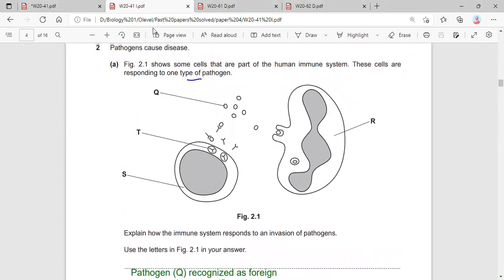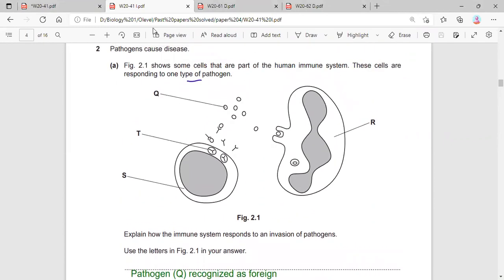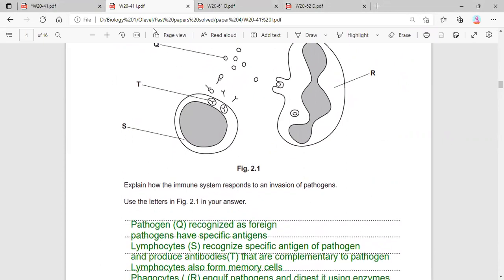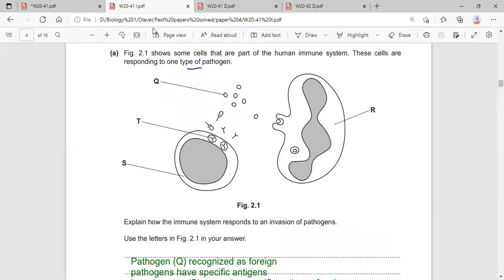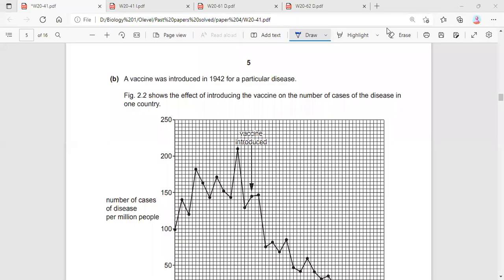What about R? R, which are the phagocytes, they engulf pathogens and digest them using enzymes. Okay, so this big white blood cell, which has extensions, this is the phagocyte, it engulfs the pathogen and digests it using enzymes. E, a vaccine was introduced in 1942 for a particular disease.